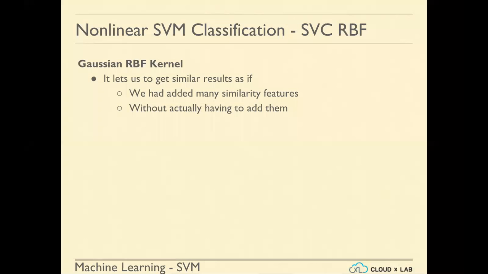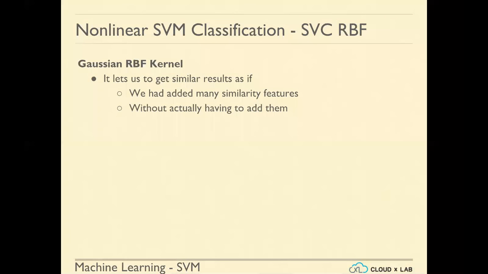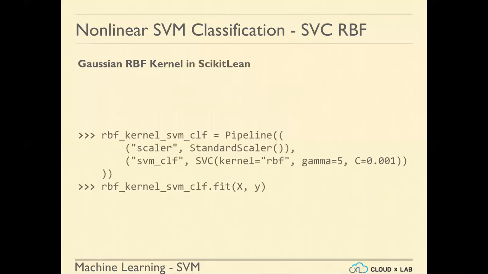The SVM Gaussian RBF kernel brings a similar kind of impact as adding many similarity features. So this is how we use SVC with the RBF kernel.